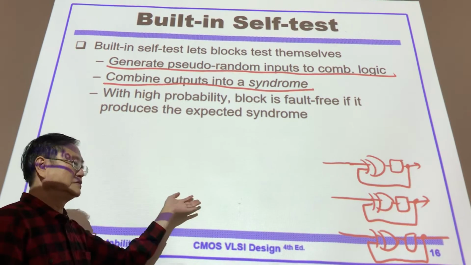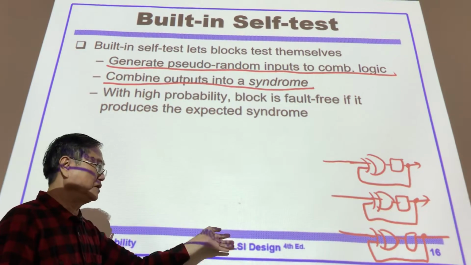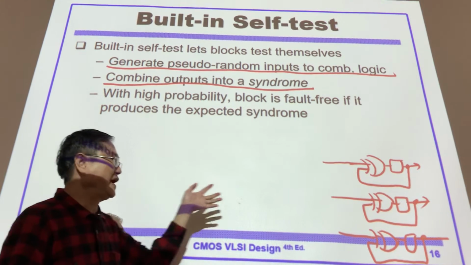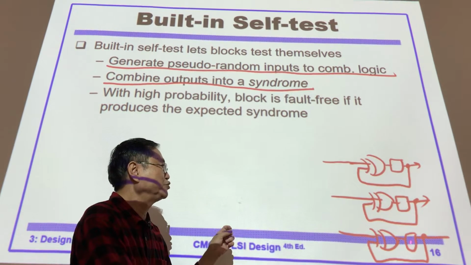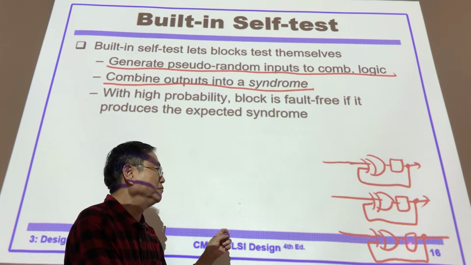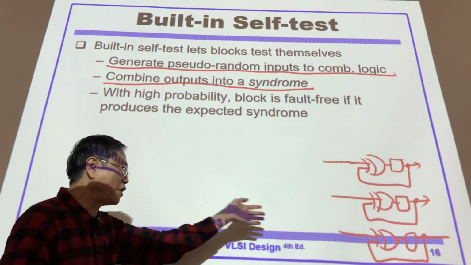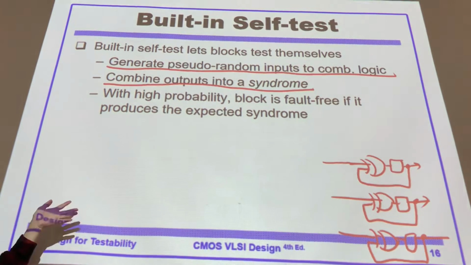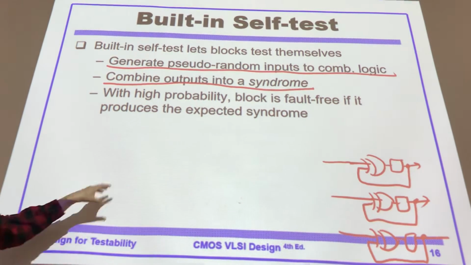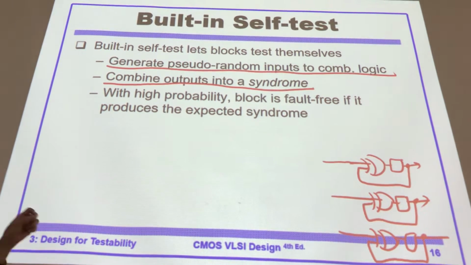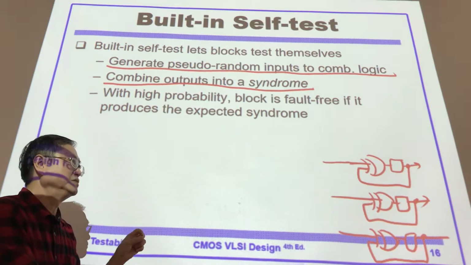But the next output from another test vector appears, and it enters this 3-bit register by doing an inclusive OR, and another one. If all these output vectors are correct, you are going to get a correct output for sure.